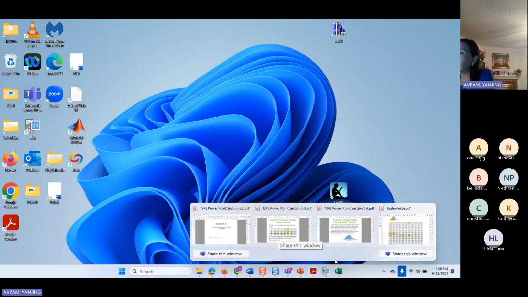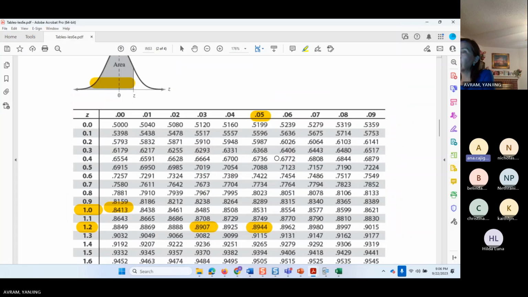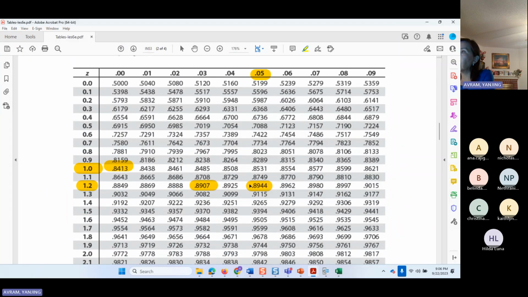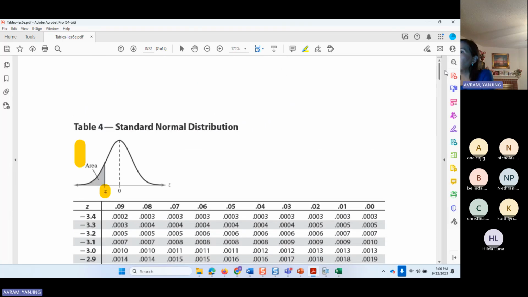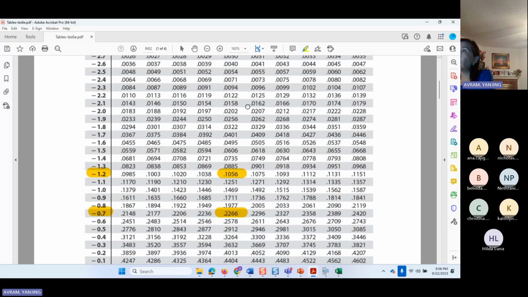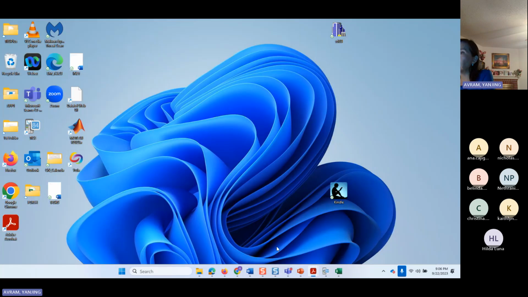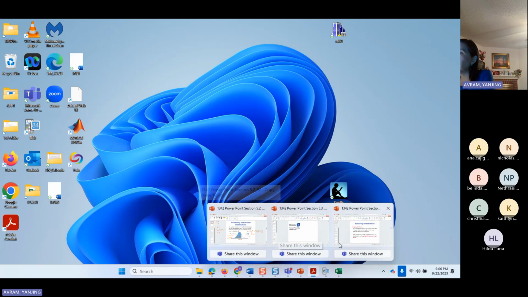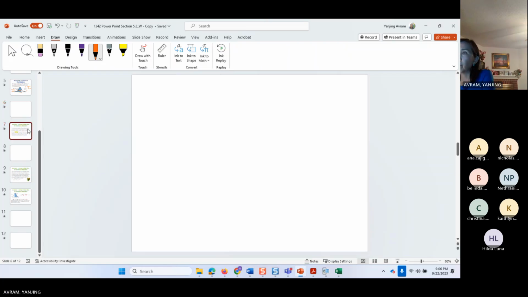I downloaded this one from the ebook. If you cannot find it, I can just post the whole table. There are 4 pages here. I can post it on Canvas, so that way you don't have to go find it. Thank you very much. You're welcome.